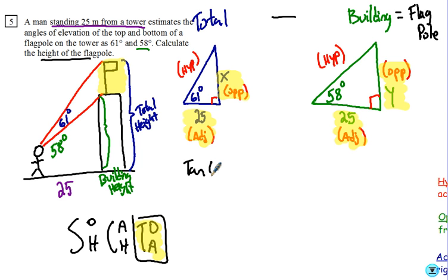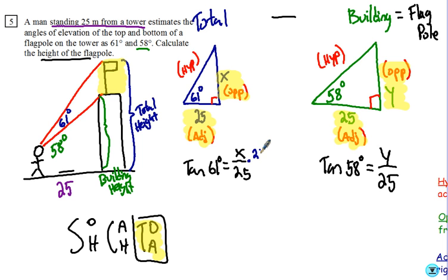So this would be tangent of 61 degrees equals opposite over adjacent. And then this is going to be tangent of 58 degrees equals opposite over adjacent. So again, they're the same because the guy didn't change how far he's standing from the building. All he changed is how far he's tilting his head back, which is changing the degree. So we know the variable on top, the opposite.